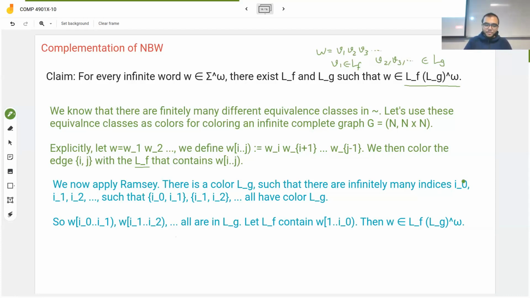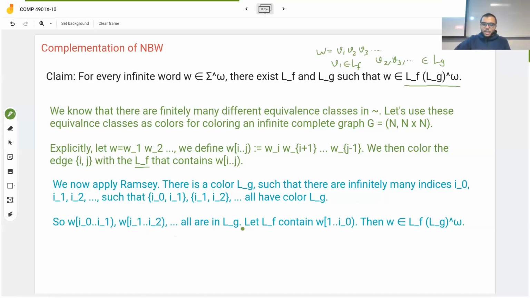Okay? So that means that there are infinitely many indices, I0, I1, I2, and so on, such that the substring from I0 to I1, the substring from I1 to I2, and so on, were all in the same equivalence class. And let's call that equivalence class LG.